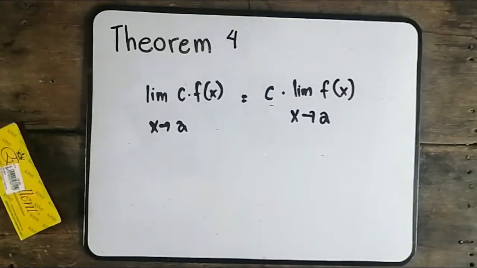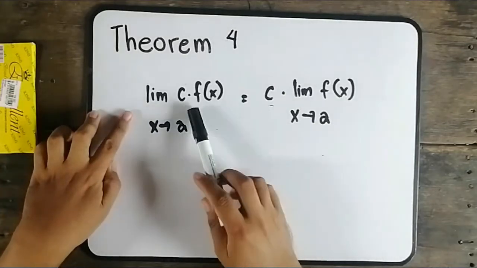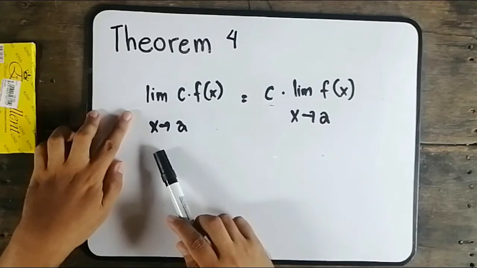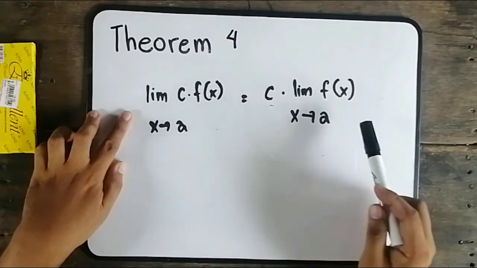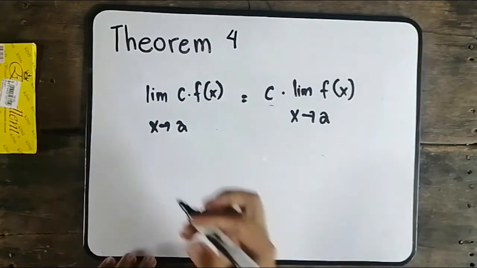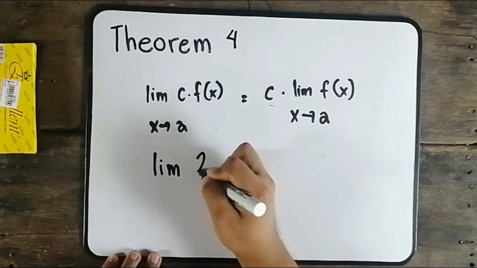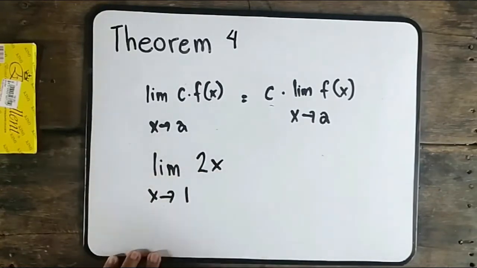Theorem 4 states that if we are looking for the limit of a constant times a function as x approaches a, pwede natin actually ilabas yung constant na c and then i-multiply sa limit nung function natin as x approaches a. So for example, we have the limit of 2x as x approaches 1.